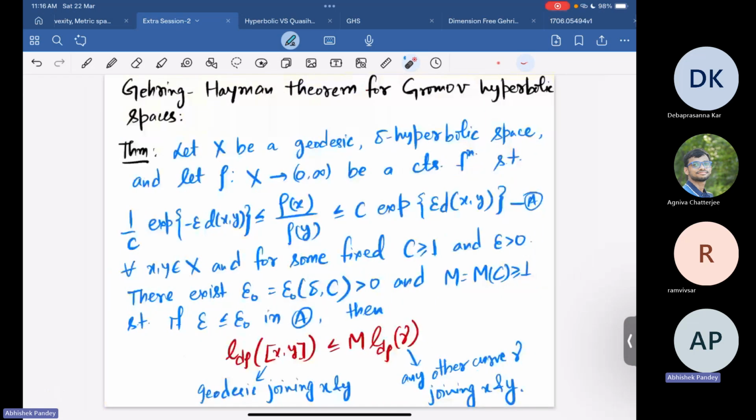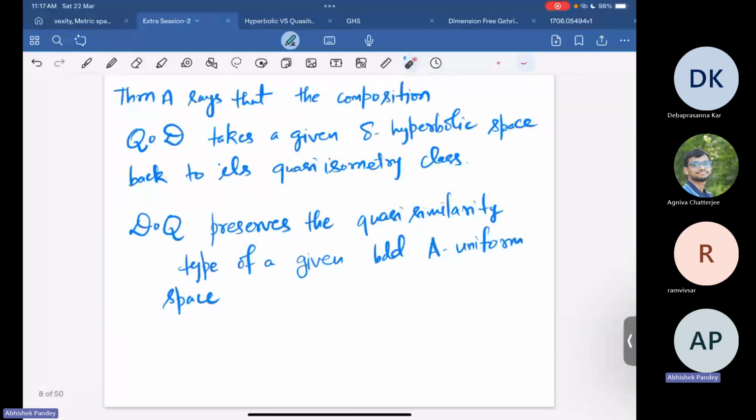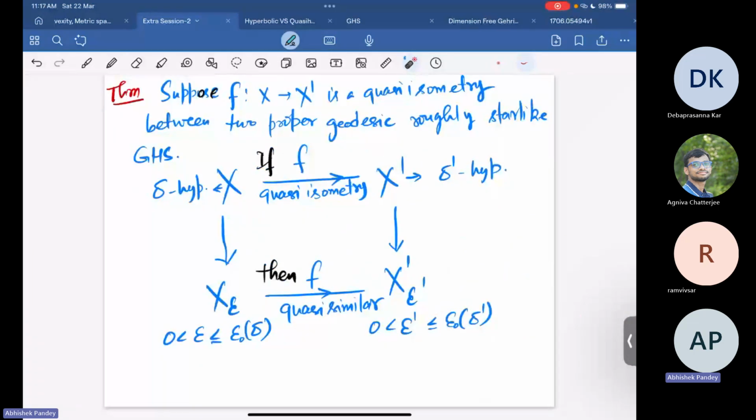So where were we? Okay. Once we have the quasi-isometry between two roughly star-like Gromov hyperbolic spaces, we have the quasi-similarity between the deformed spaces.